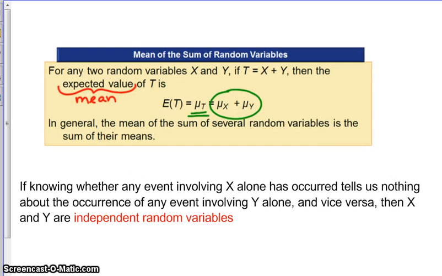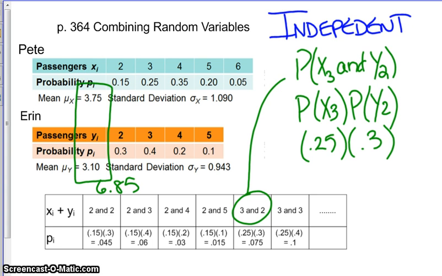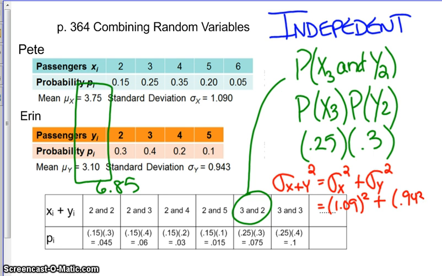So if I were to go back to this situation, to find my standard deviation of the combined random variables, what I have to do is deal with my variance. And so I have to take the variance of X, add to it the variance of Y, and go from there. So I would have to take that 1.09, square it, add to it the 0.943, square it.